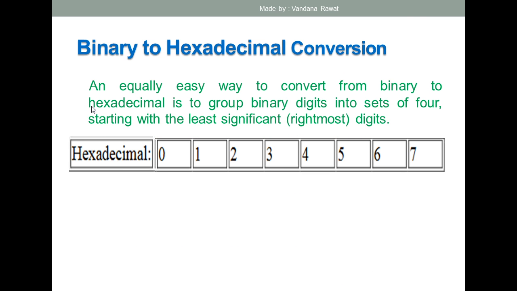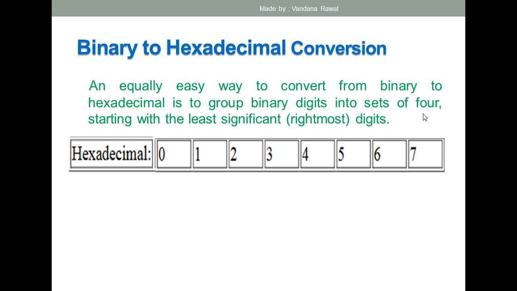In the previous video lecture, as you have seen in binary to octal conversion, I told you to make groups of binary digits, but into sets of 3.